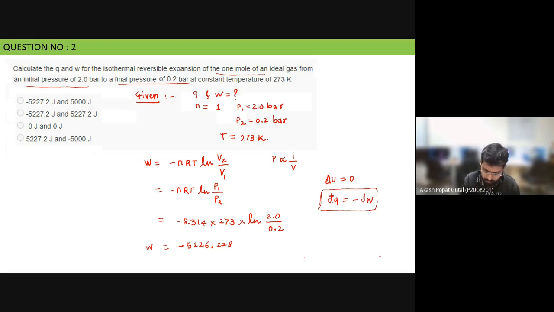Once you know the w, dq will be the reverse sign of it. Just reverse the sign, the same answer. The answer is B.